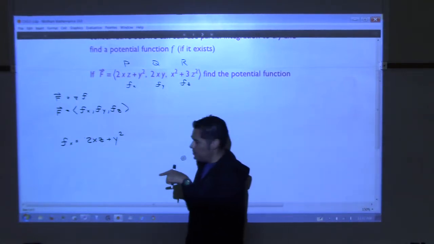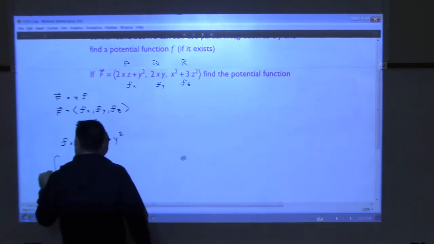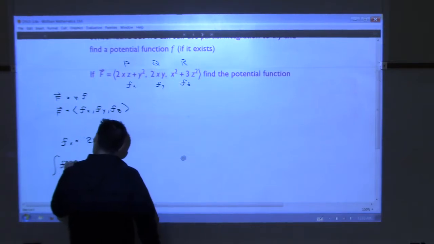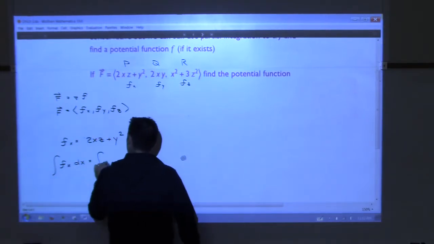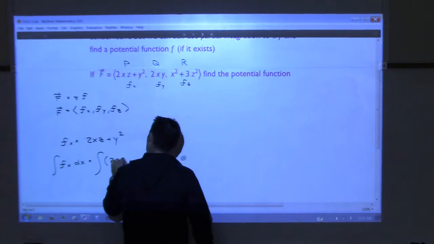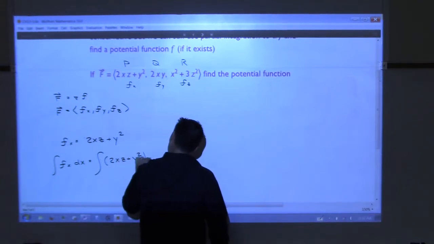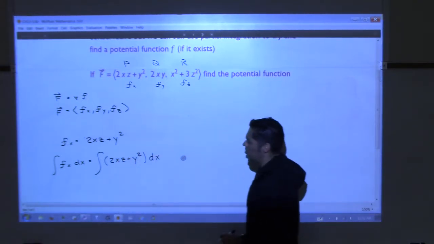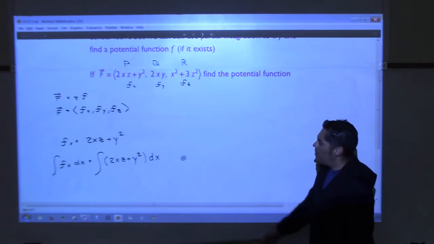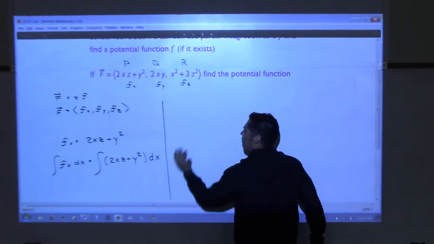Right now, what do we do? Integrate with respect to x, right? So integrate this with respect to x, and then you integrate this entire side here with respect to x. That's all the same, no big deal. The left side now becomes little f.